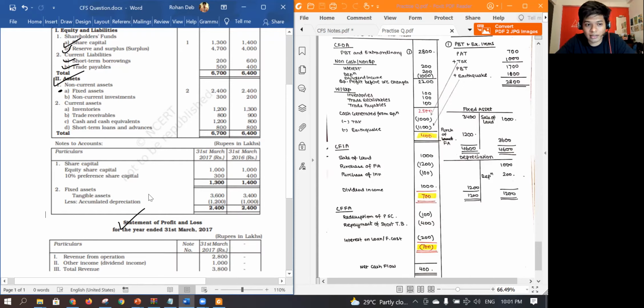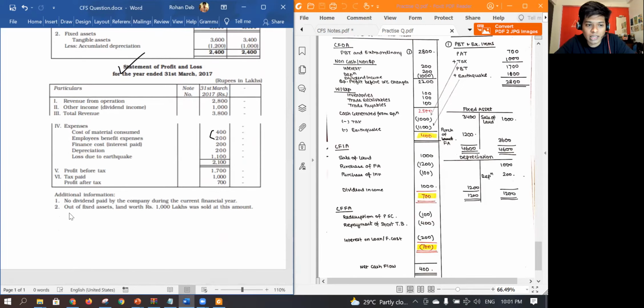If you're not getting it, then maybe I'll do another easier example. But let's focus and complete this one. So depreciation is increasing by 200, and also remember we had marked it as there's a note. The note said that out of the fixed asset, land worth 1000 lakhs was sold.